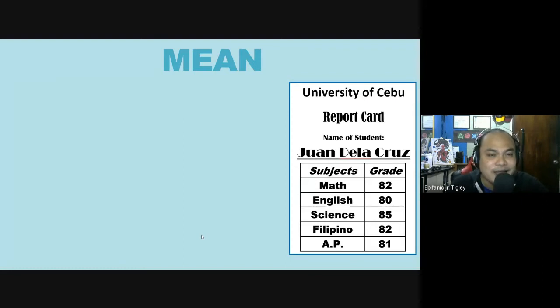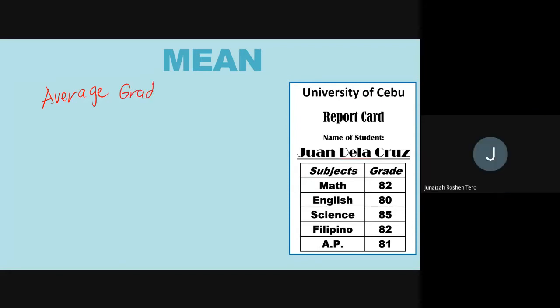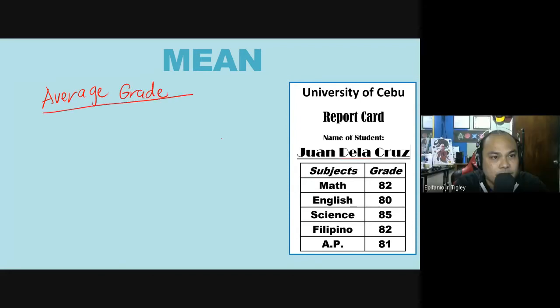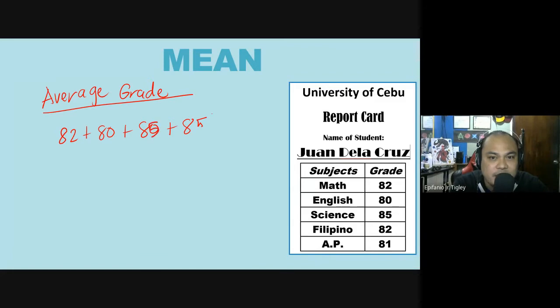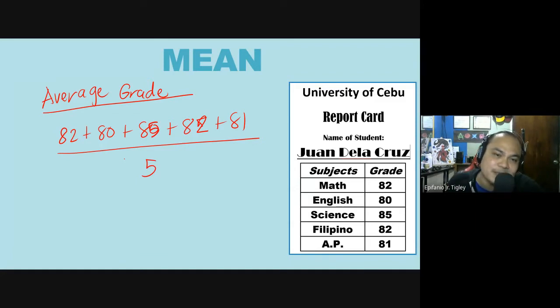How do you get the average grade? Let me write that down. Average grade: you add and then divide. Okay, 82 plus 80 plus 85 plus 82 plus 81, divided by 5. What is 82 plus 80 plus 85 plus 82 plus 81?